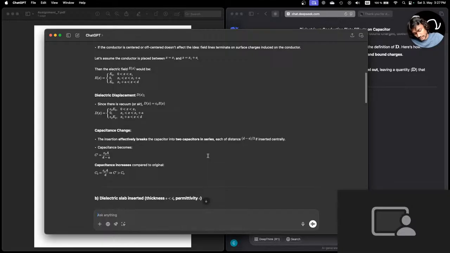If the conductor is placed at the center, then the distance between the newly formed series capacitor plates will be d minus a by 2.